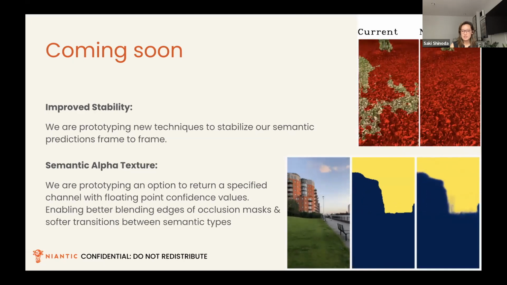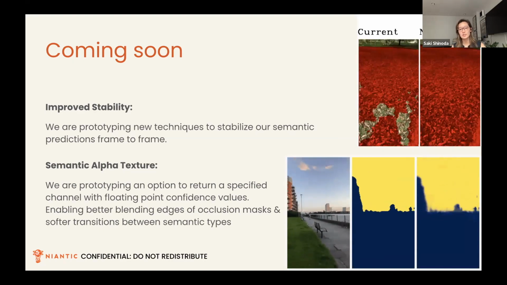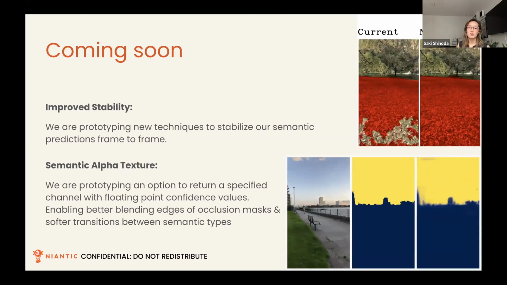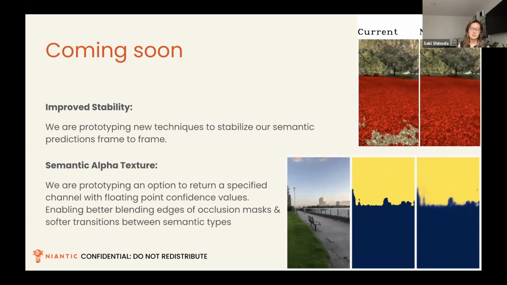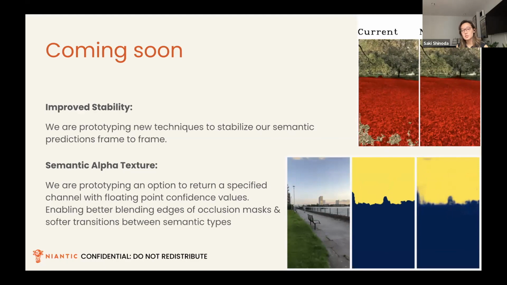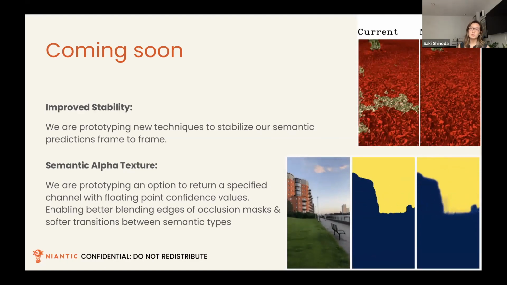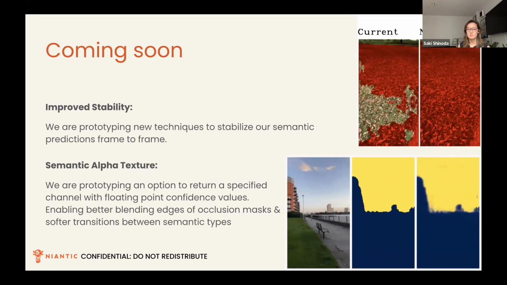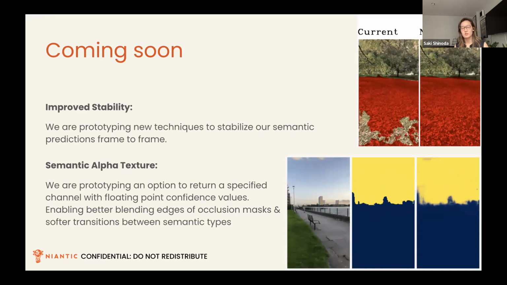Another aspect is that because we have these binary masks for each semantic class, you often get these hard borders between, for example, the sky and not sky, which is the example you see in the bottom there. This just happens because we have this 0-1 binary cutoff. But as I mentioned before, the actual output of the neural network is a floating point value between 0 and 1, and it encodes the uncertainty and is quite good about being fuzzy at the edges of objects or materials.